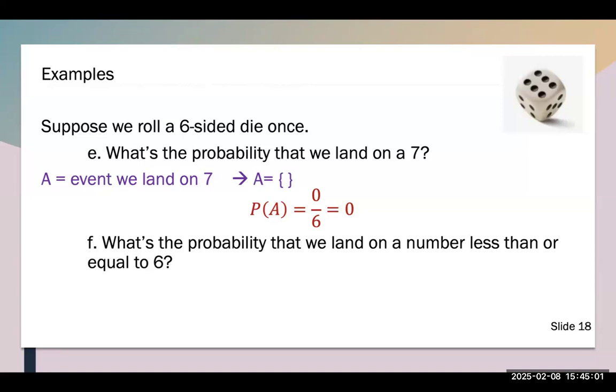What's the probability if we roll a 6-sided die once, we land on a number less than or equal to 6? Well, all of the numbers are less than or equal to 6. So the probability is 6/6, which is equal to 1. There's a 100% chance that we will land on a number less than or equal to 6, and there's a 0% chance that we'll land on a 7.